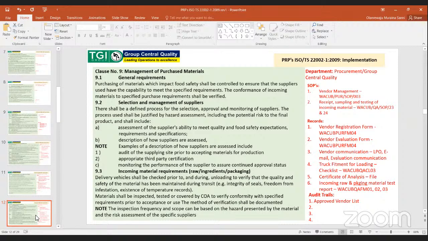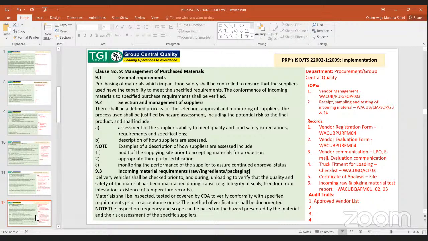Then we now talk of vendor communication. We talk of our FPO, mail, evaluation communication, purchase order, all this. What do I mean by evaluation communication? When you evaluate your vendor, you are supposed to inform him that when we evaluated you, this is what you scored. And where we have a vendor that is not meeting our assessment percentage, we also need to sit him down and discuss with him.